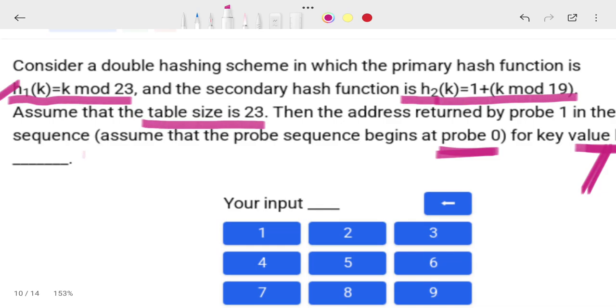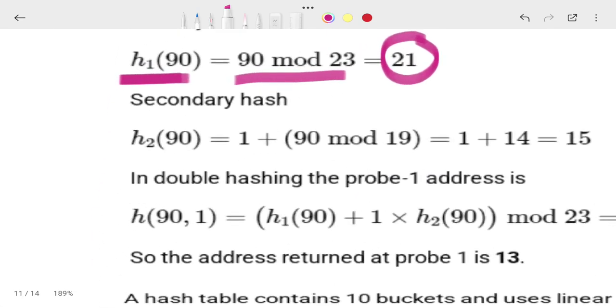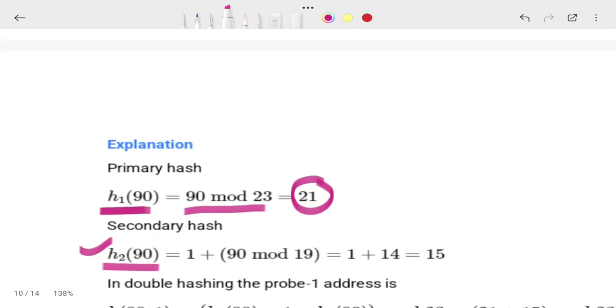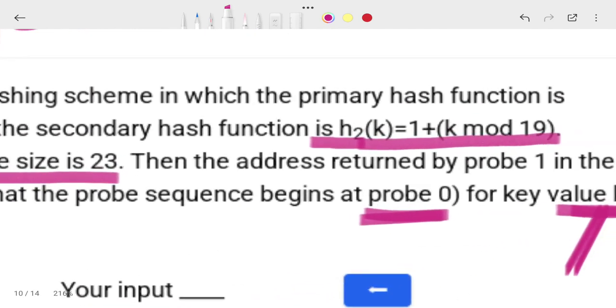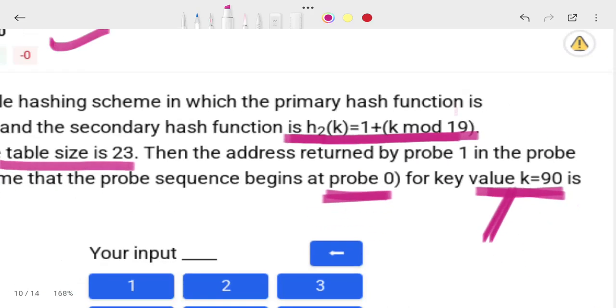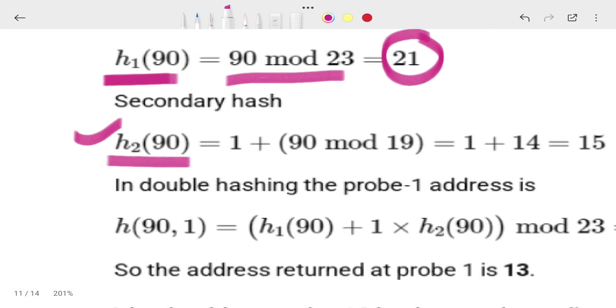So I will use another hash. Another hash he has given me: H2(K) is equal to 1 plus K modulo 19. Whenever there is a collision, I will use the second hash function.